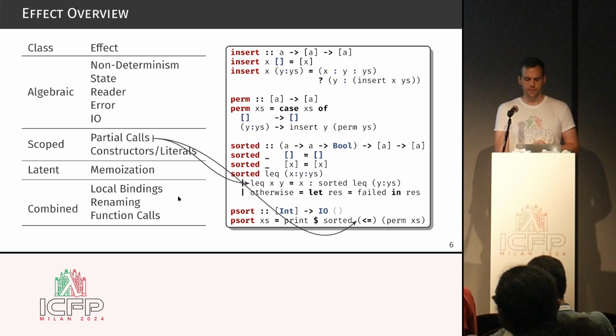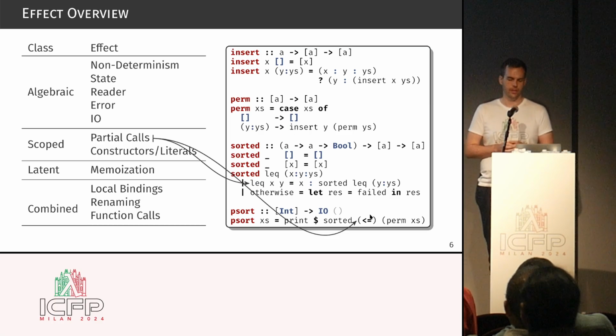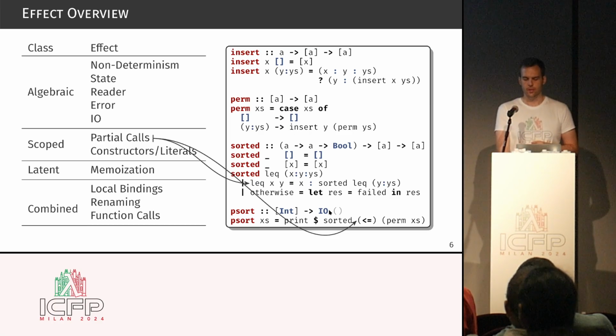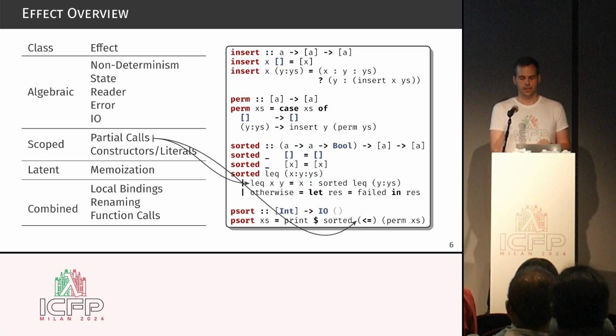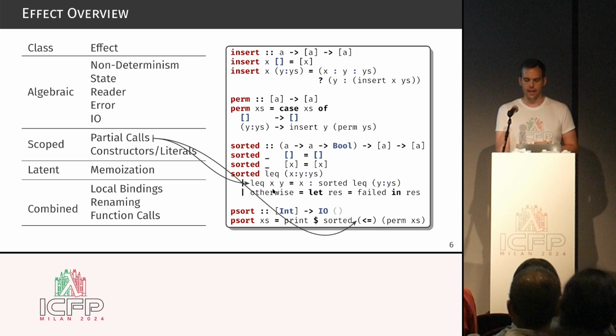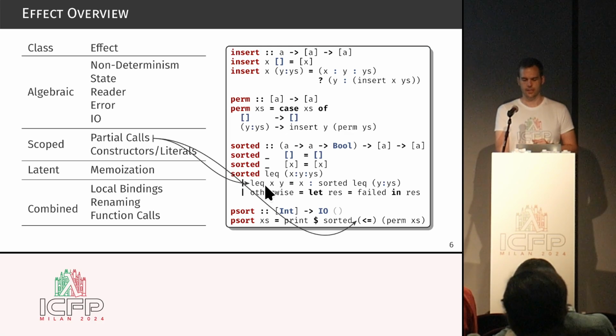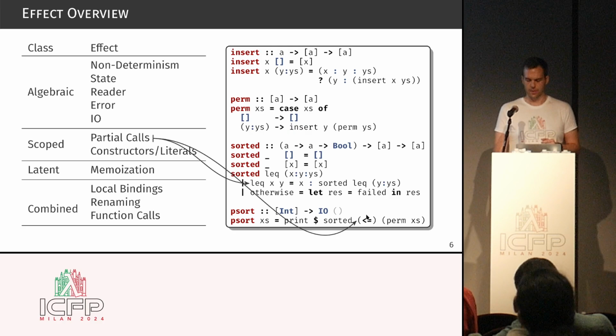So what else do we have? We have partial calls. So whenever we have higher order in the language, we're not calling a function whose name is known and that we can just look up in the program. It's going to be something that's specified by the calling function. So applying a function that is an argument to some other function, as well as supplying a function as an argument, is an effect in itself.